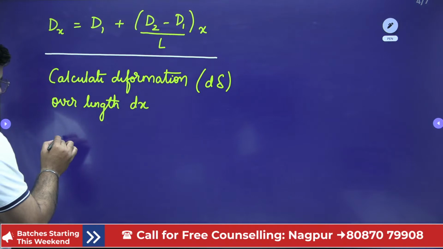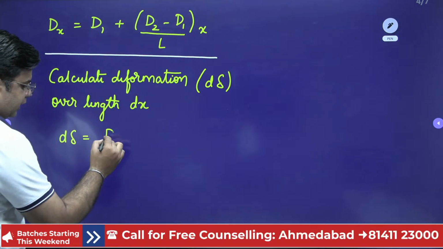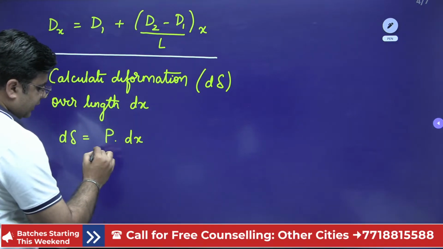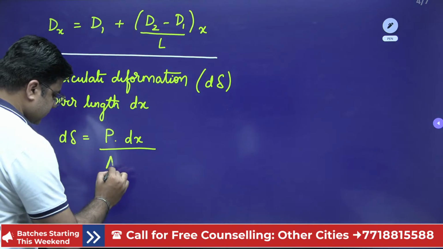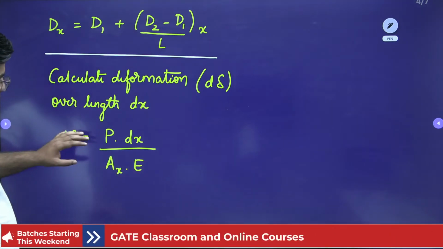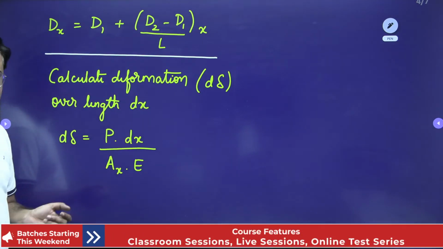So, d delta is equal to load, which is P, times length of the member, dx, divided by area of the member, Ax, into E. Right. So, this is how you calculate the deformation d delta over length dx.